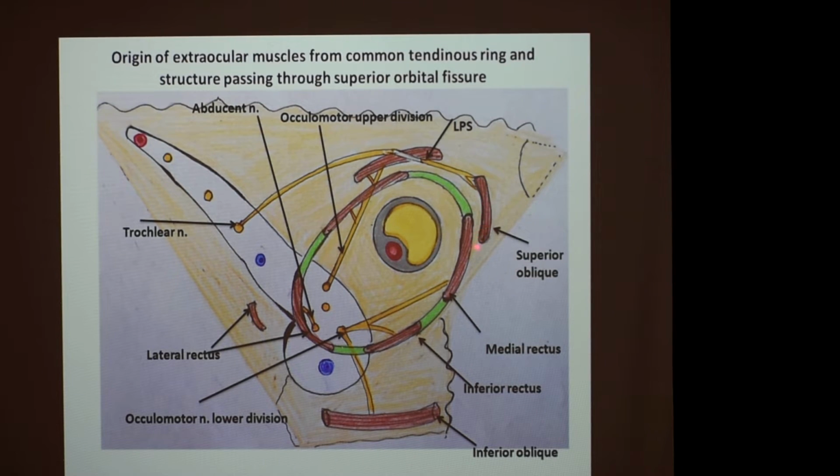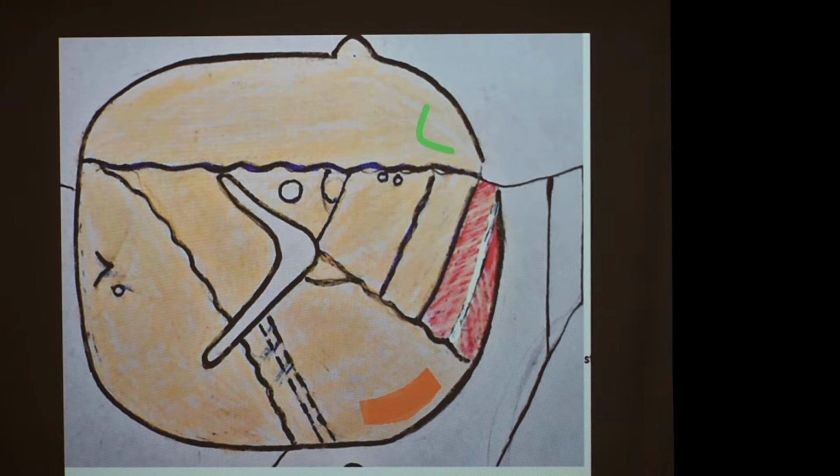So what is the origin of superior oblique? The origin is outside the common tendinous ring of Zinn. Outside means medial to the common tendinous ring of Zinn, from the lesser wing of the sphenoid. So this is the point of origin of the superior oblique muscle. Once it originates from the lesser wing of the sphenoid, it passes through the trochlear pulley.